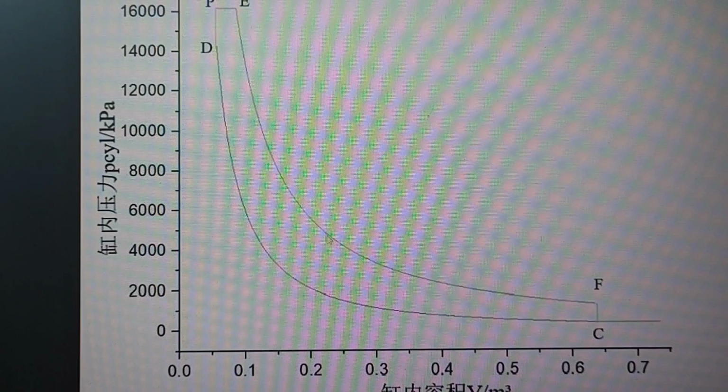In this part, the intensity of the combustion is decreased, so the pressure will decrease. Some fuel is still combusting in this process. We have taken that into the calculation, but just for some simplification, we draw this process like that.